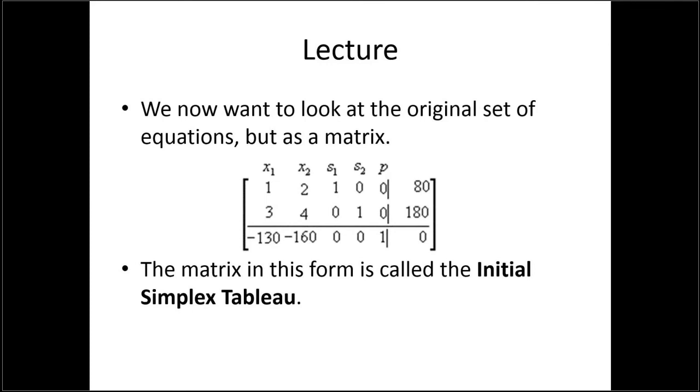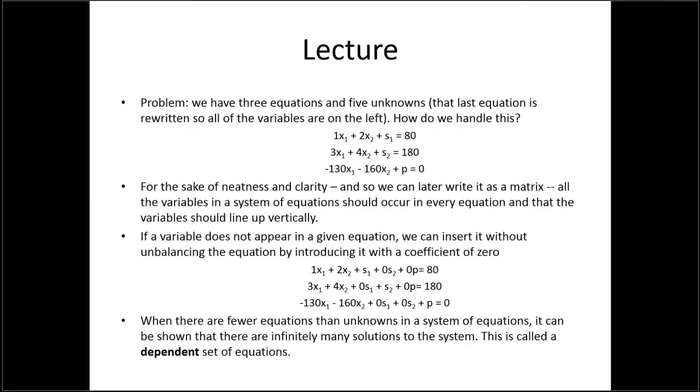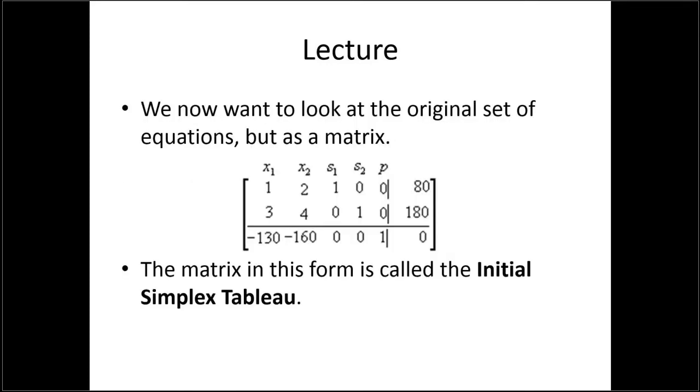Okay, and where does that bottom come from? If you go back to that original equation at the bottom, that's where that last equation came from: negative 130x1 minus 160x2 plus p equals 0. That was the profit equation, the one on the bottom there. Notice that's the only equation that has anything in the p column.